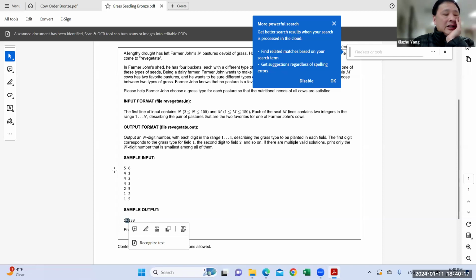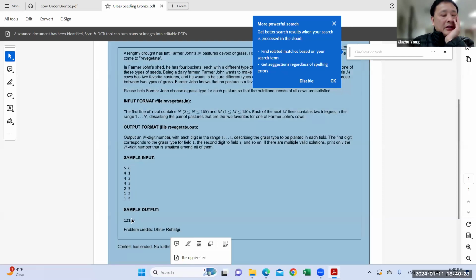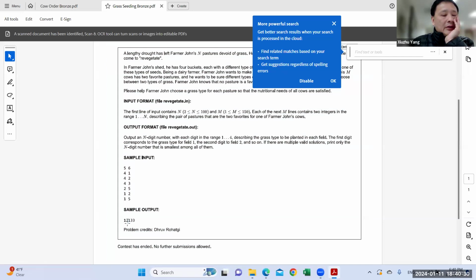And I will check if it goes against this combination. If I do have a 1-2 pair, then I cannot put a 1 here anymore. Because you see, I do have a pair like that. A cow needs to eat different grasses. So that's why I want to change this number. Okay. So if you put a 2 here, you're good.